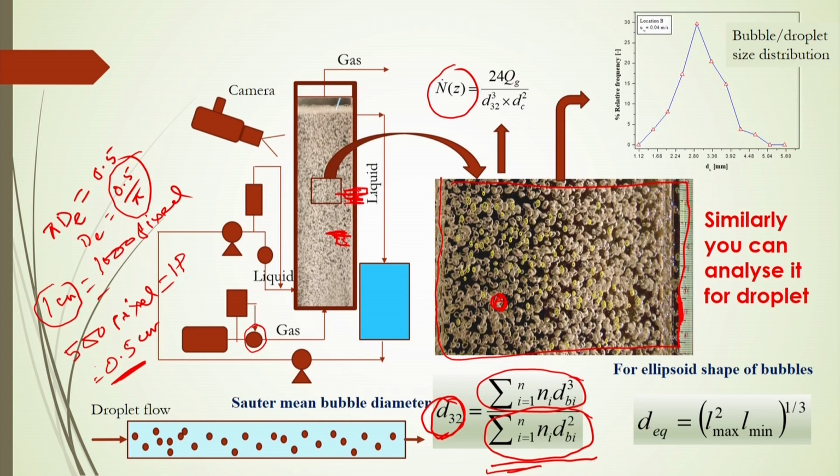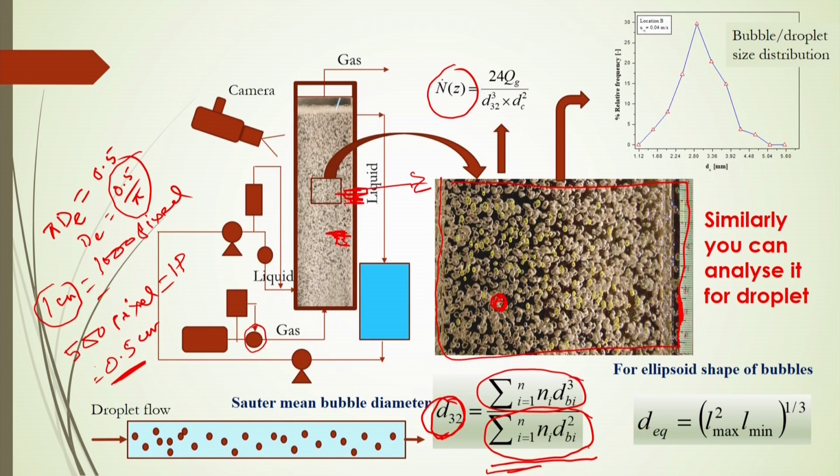At this height, you take these bubbles, analyze them, and get the mean bubble diameter. Once you know it, you will be able to calculate how many bubbles are moving through that particular cross section. So it will be 24 into Qg by dB32 cube into dc square.